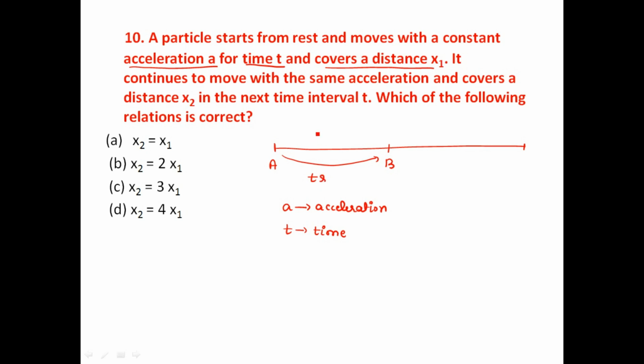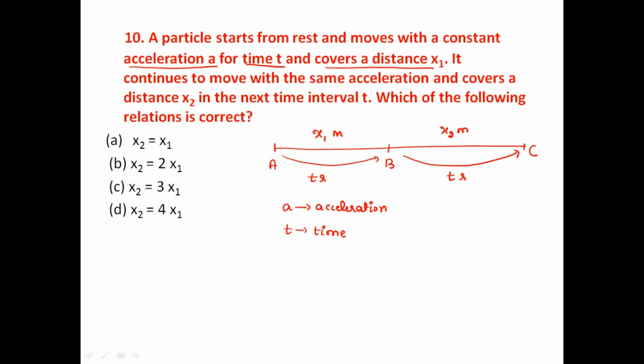How much distance did it cover? It is x1 meter. It continues to move with the same acceleration and covers a distance x2 meter. To move from B to C, it covers x2 meter and the time taken is t seconds.